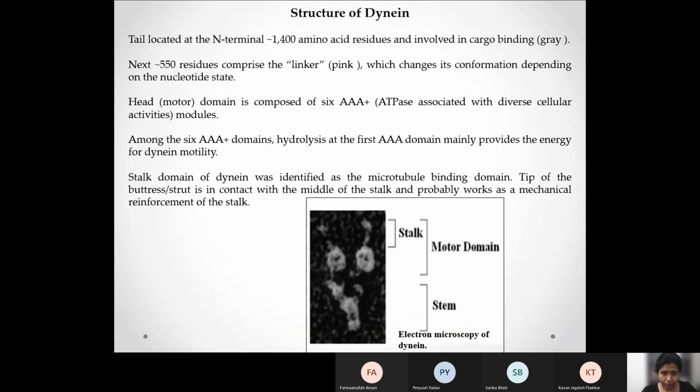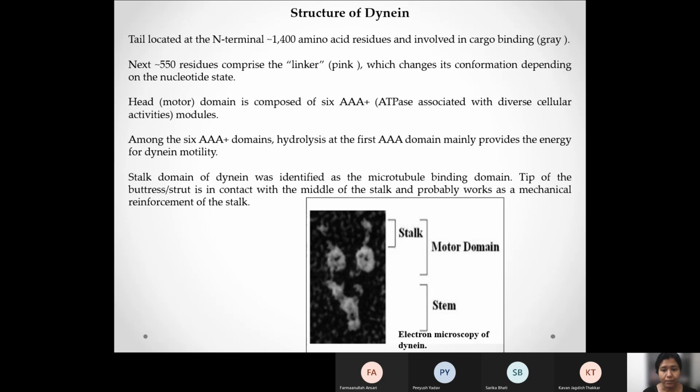Okay, now the whole field of Dynein has evolved because of our understanding of its structure, and the structural understanding comes from either X-ray crystallography data, or it comes from cryo-electron microscopy data. So both of them have gone hand in hand to give us an idea of how the dyneins function.